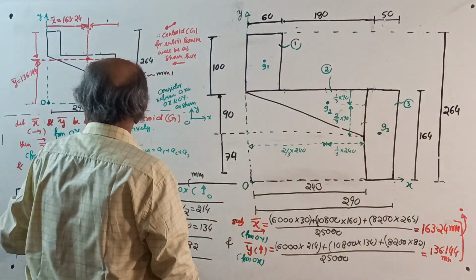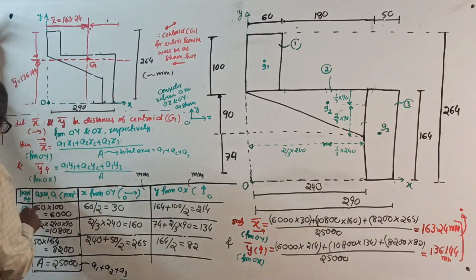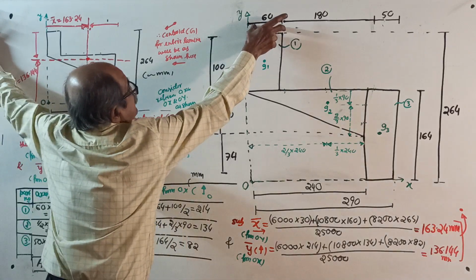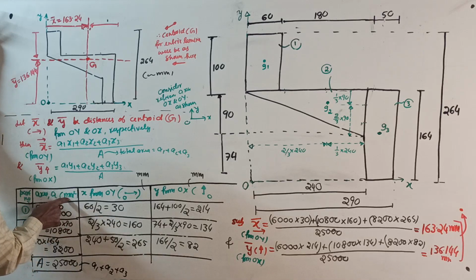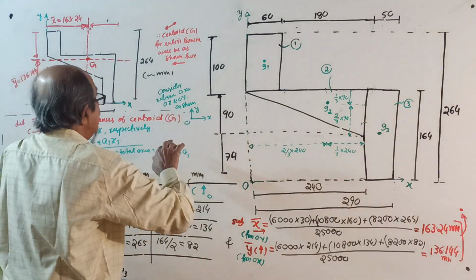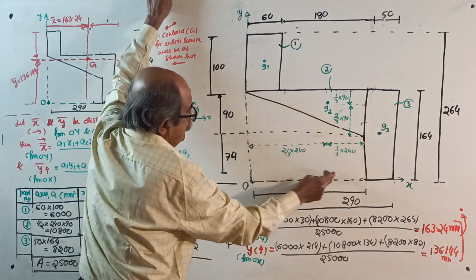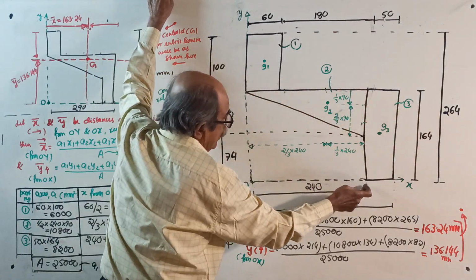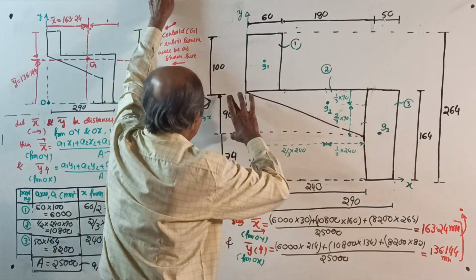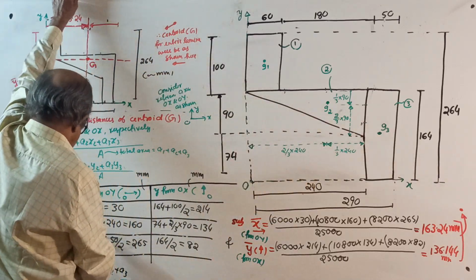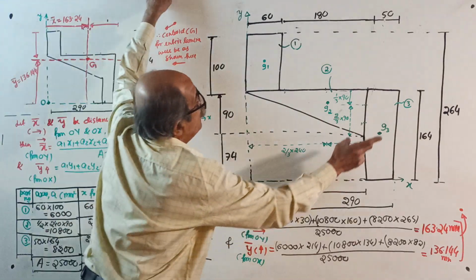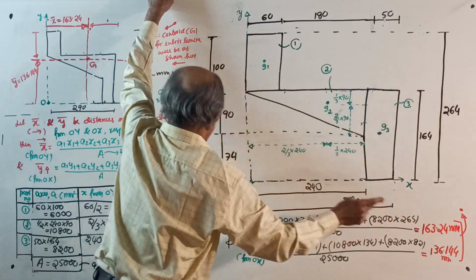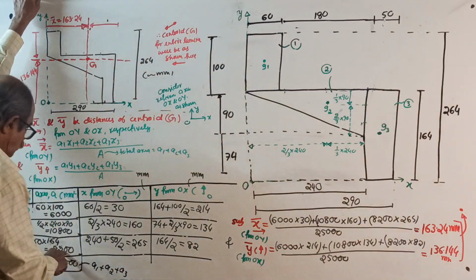Figure number 1. I will explain part number or figure number 1, 2, 3. Area 60 by 100, this will never change: 6000, all in millimeter square. Figure number 2, half into this full triangle: half into 240 into 90, I got 10,800 mm square. Figure number 3: 50 into 164, 8,200.